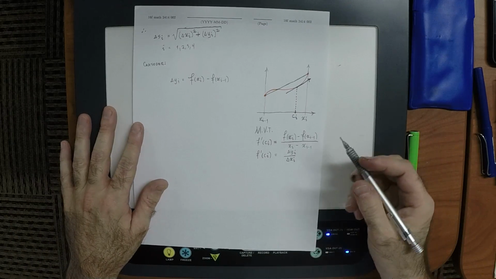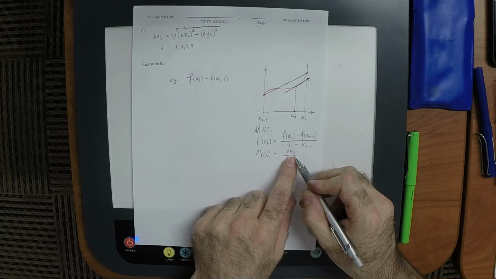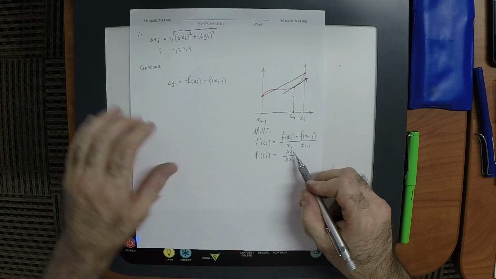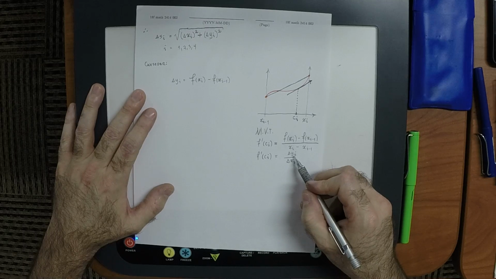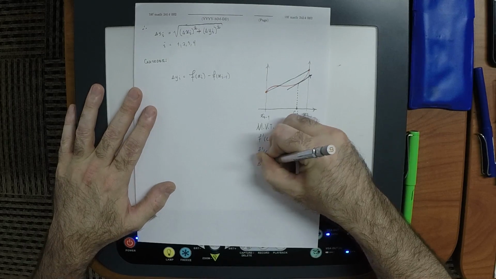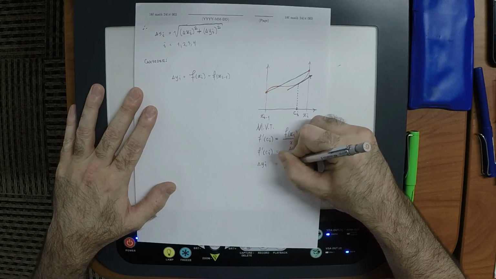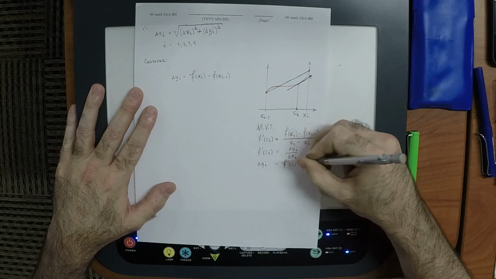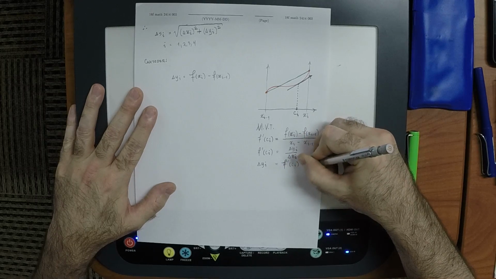So as a result, we can solve for delta yi, right? I'm going to solve for delta yi, and obtain that this is in fact f prime evaluated at ci times delta xi.